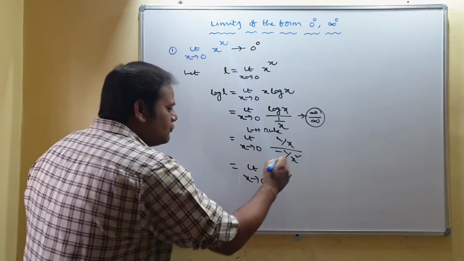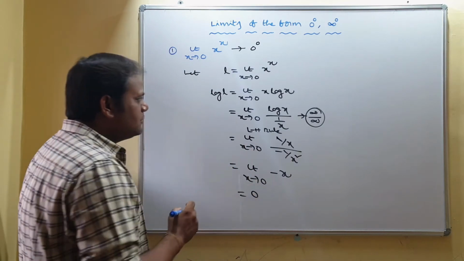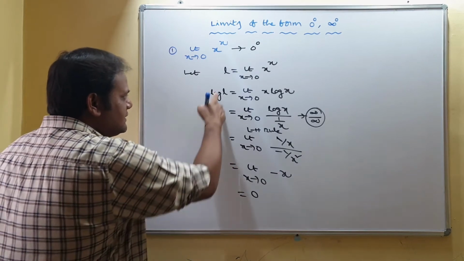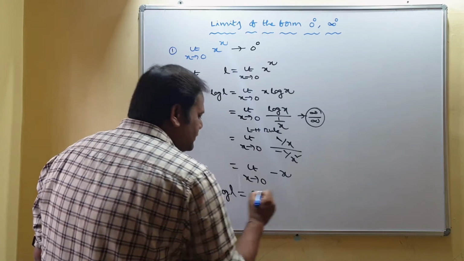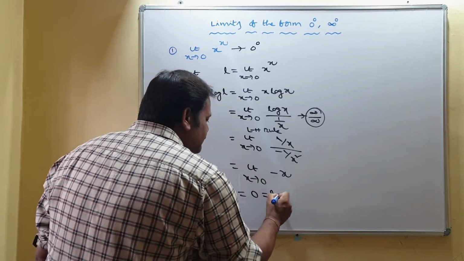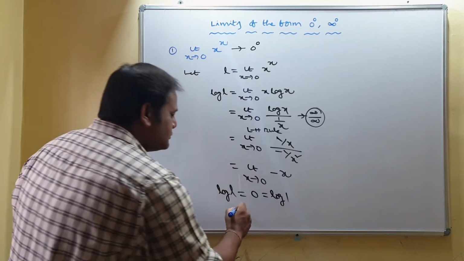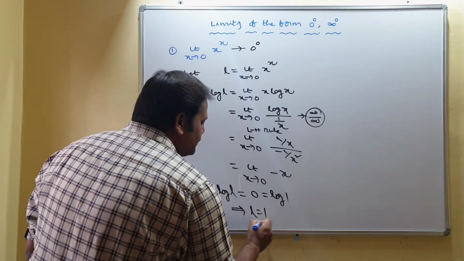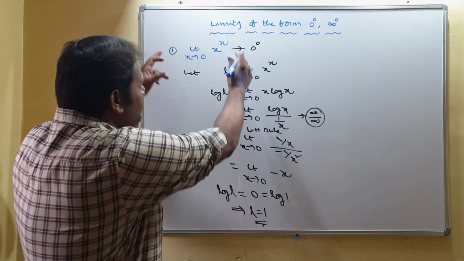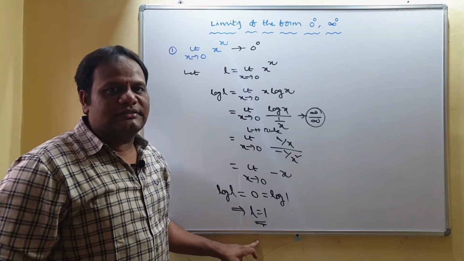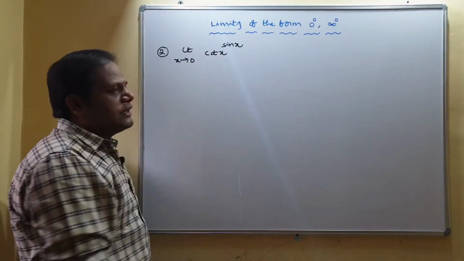Is it? Now you put x equal to 0, what we got? We got 0. So this is equal to what? Log L, right? We know that 0 is log 1, is it? So what is the L value? L value is 1, is it? So the limit of this function is 1.